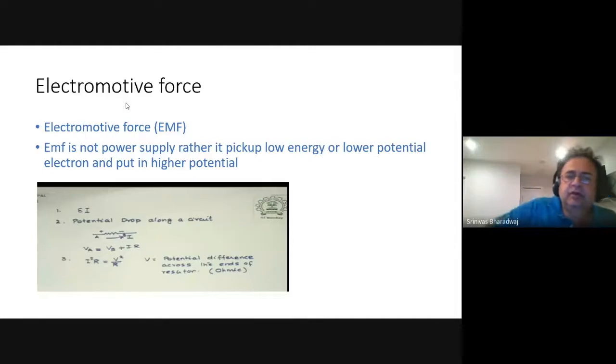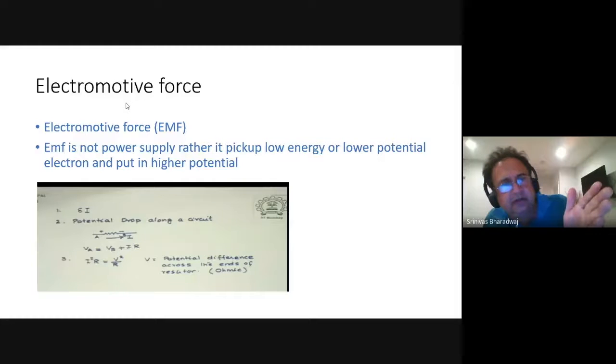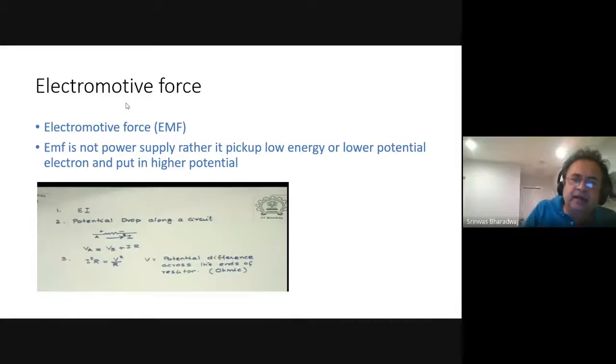Now the potential difference across the ends of any resistor: on one side of the resistor you have VA, and on the other side you have VB, and the potential difference across the resistor is called VAB.